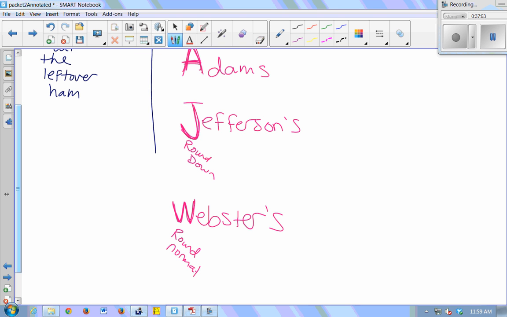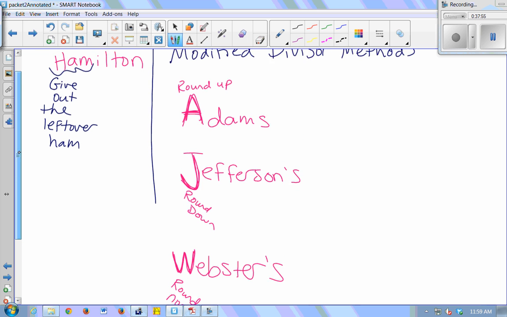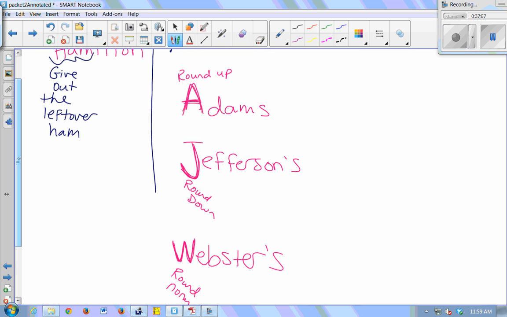And then for Huntington Hill, it is a modified divisor method, but the rounding is this crazy rounding rule, right? That has to do with the geometric mean. So think Huntington Hill. Hill is kind of like, what the hell kind of rounding rule is this? Okay?